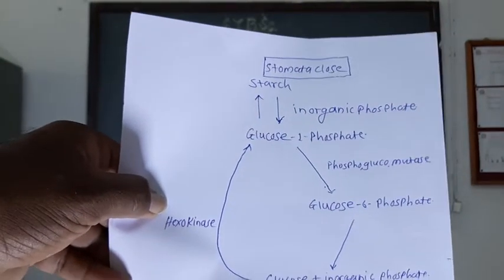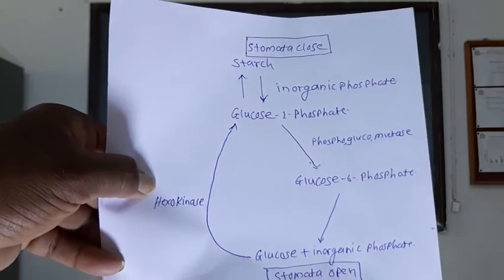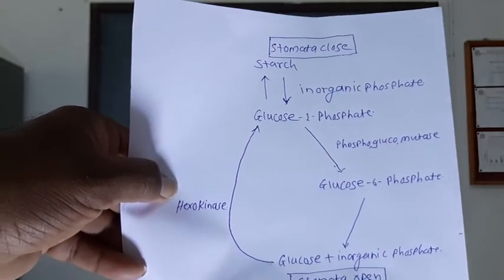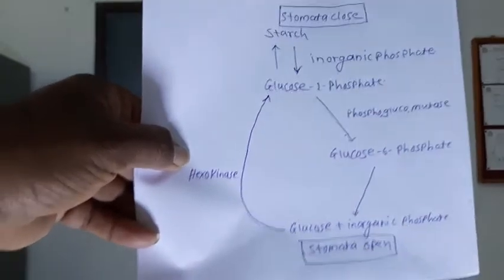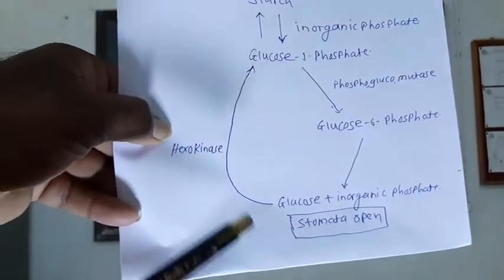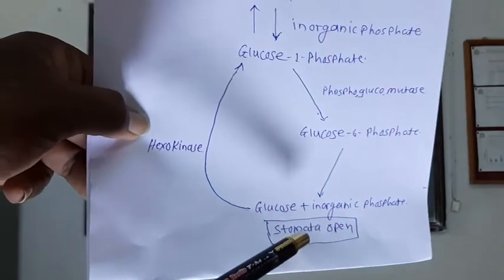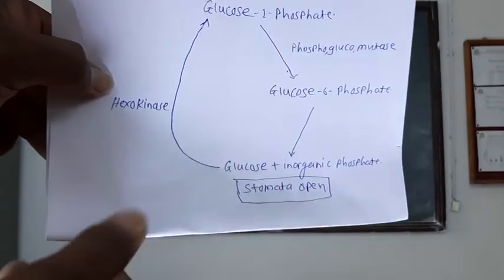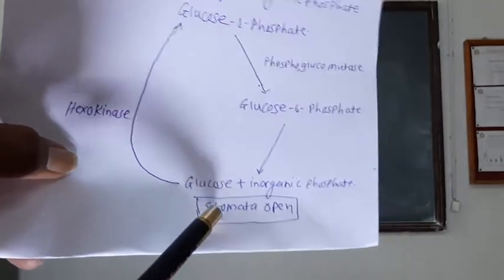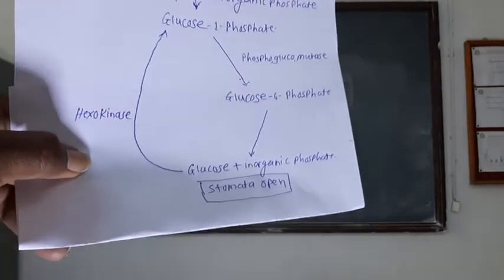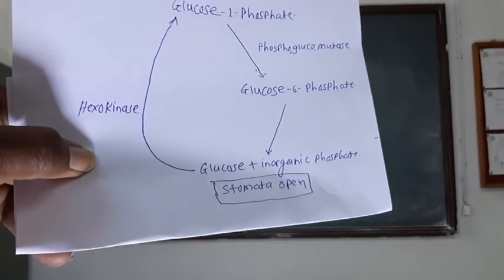Then such glucose 6-phosphate is converted into glucose and inorganic phosphate. It means glucose is formed in the guard cell, and we know that glucose is water soluble.